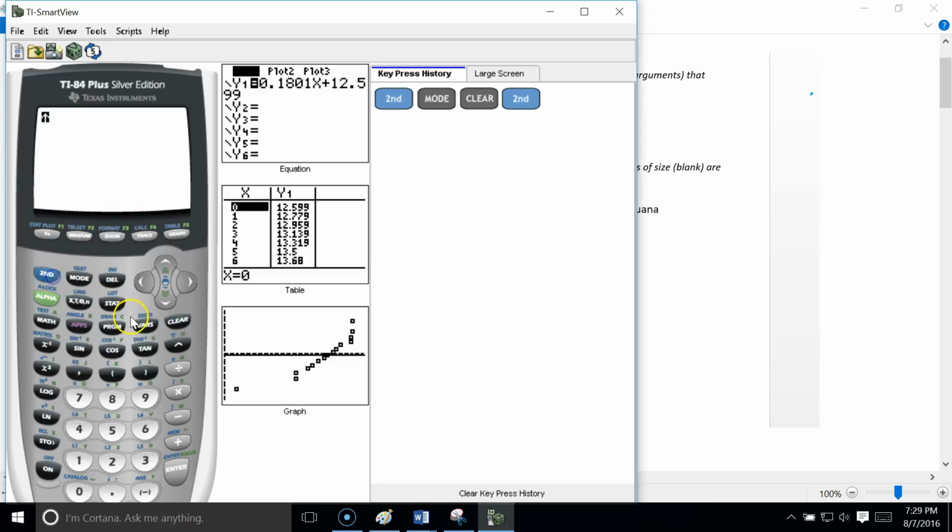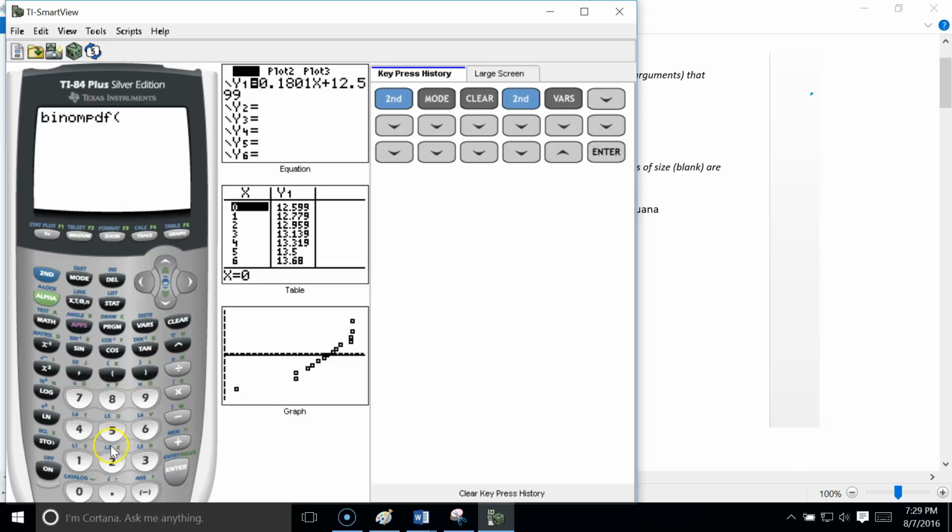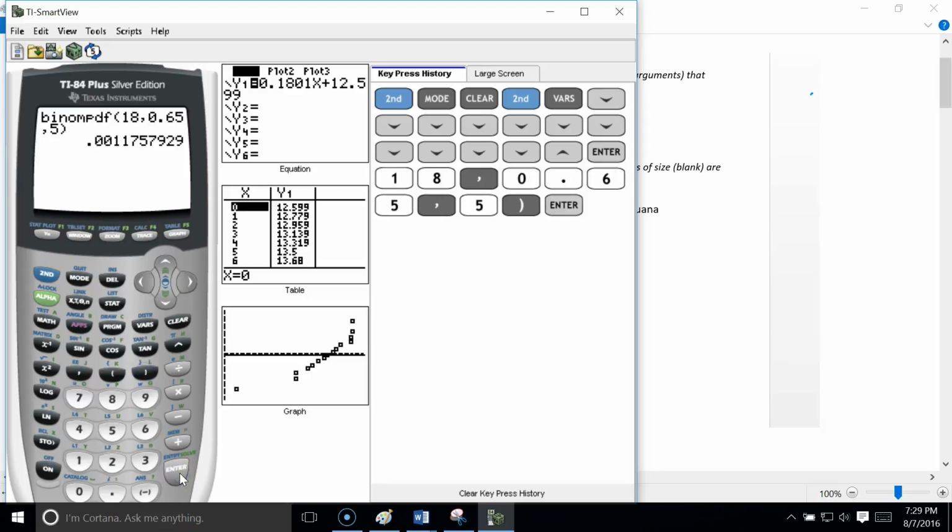Okay, so second, shift, distribution, go down to binomial PDF. And it is a total of 18, comma, 0.65 is the probability of success, comma, 5, equals, enter, and there it is, 0.001176.